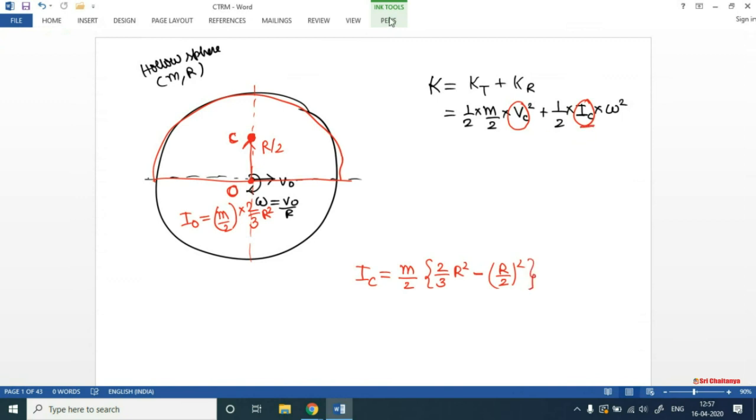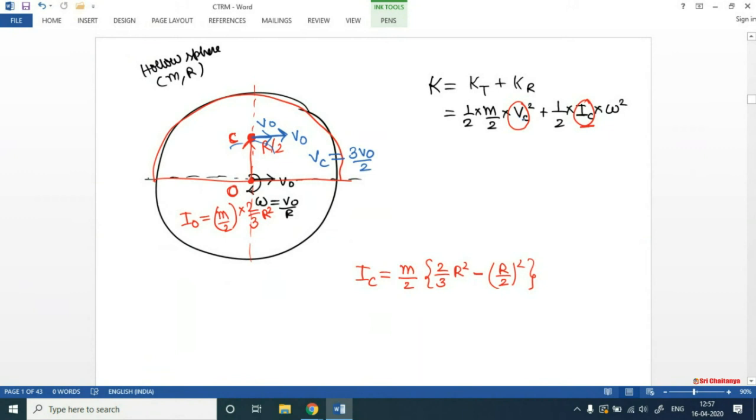Vc, how are we going to find out? This velocity of point C we have learned in the very first part of this lecture. Due to translation, it will have velocity v naught, and due to rotation it would have velocity r by 2 times omega. So this will turn out to be v naught. So here we can clearly see that vc will be equal to 3 v naught by 2.